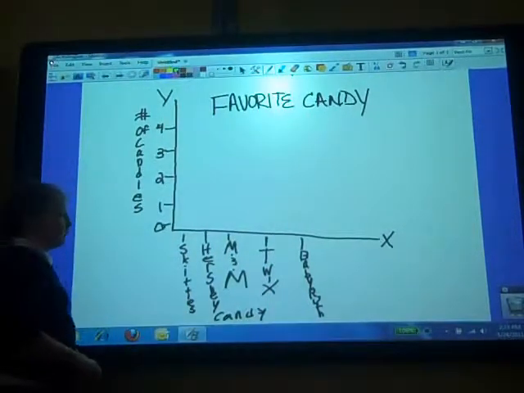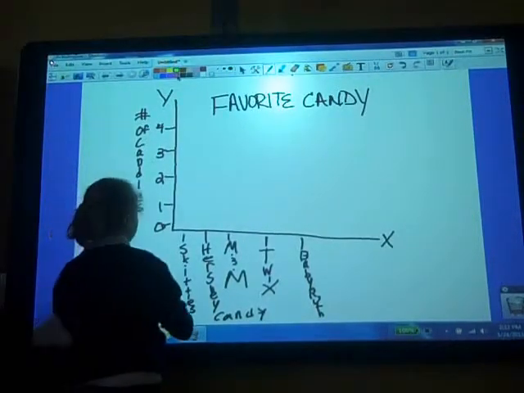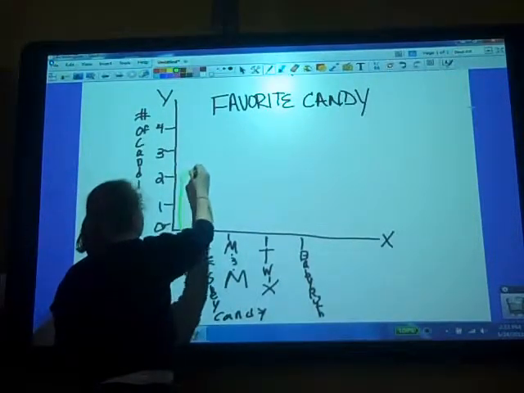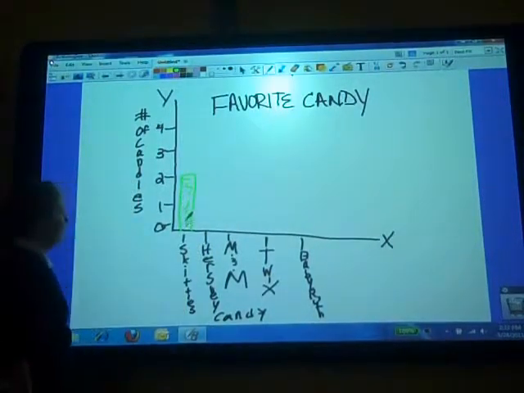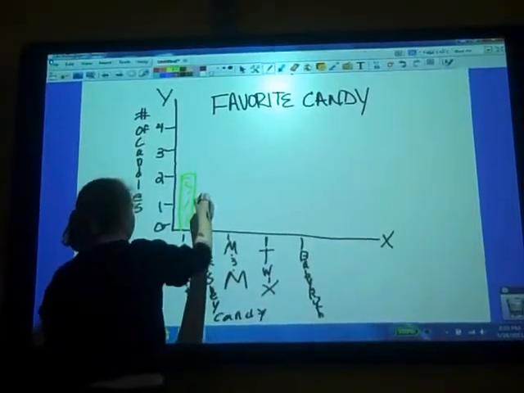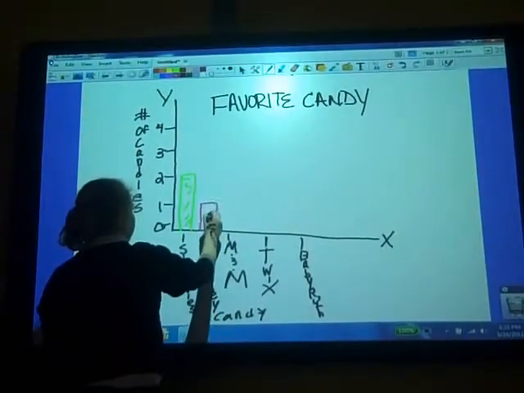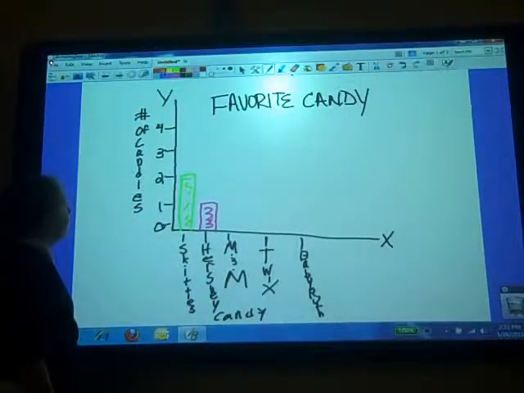So now we fill it in. So 2 people chose Skittles, so we make a 2. We make it all the way up to the 2. And now 1 person chose Hershey's, so now we need to make Hershey's for 1. And 2 people chose M&M's also as well.